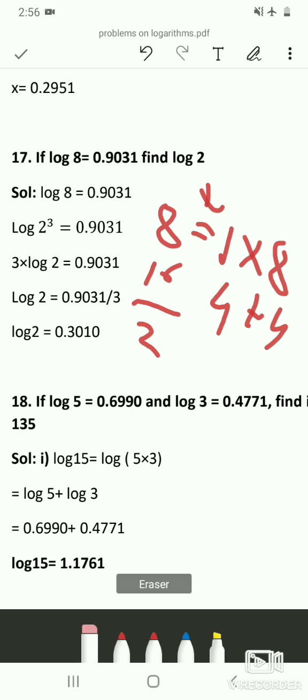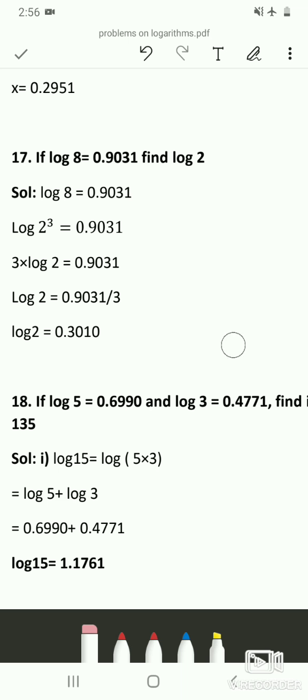But you can't take these because in the question they have asked to find out log 2. So check the way that 8 can be represented in terms of 2. So we know that 2 cube is 8. So log of 2 cube is nothing but log 8. So the value of right hand side is the same, that is 0.9031.